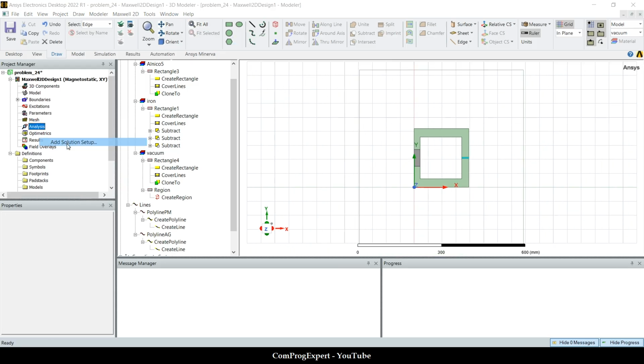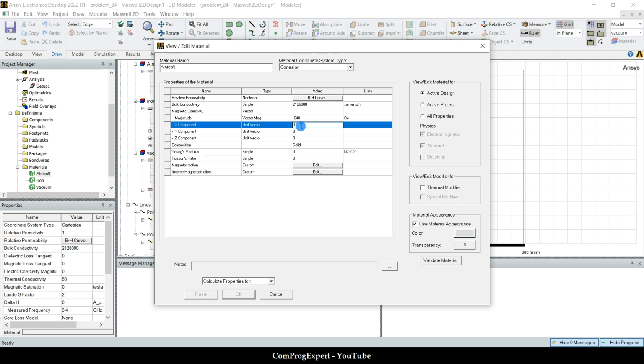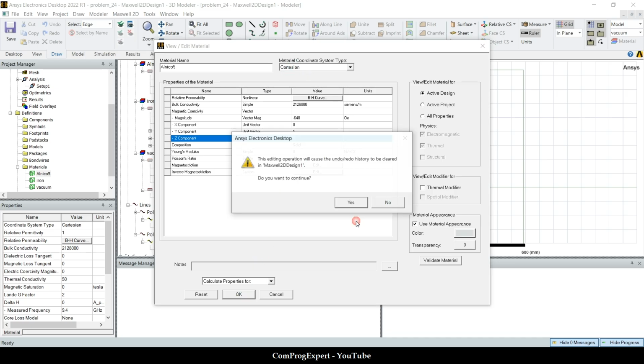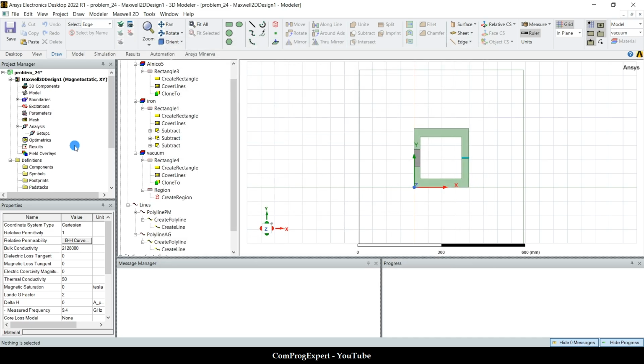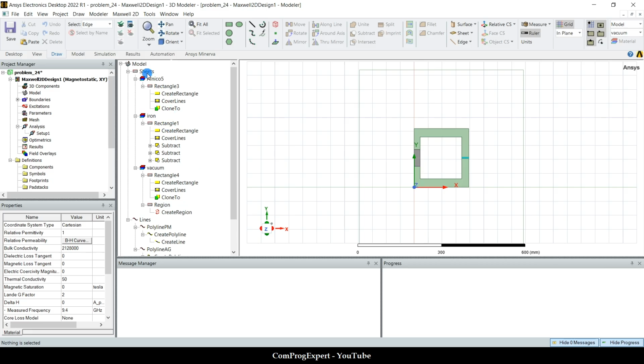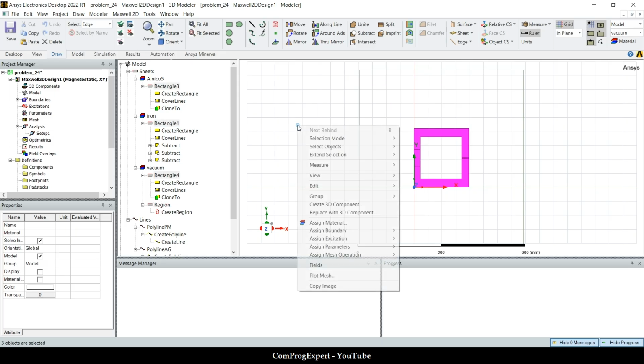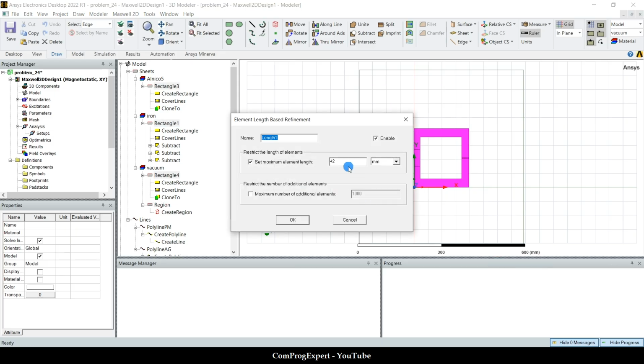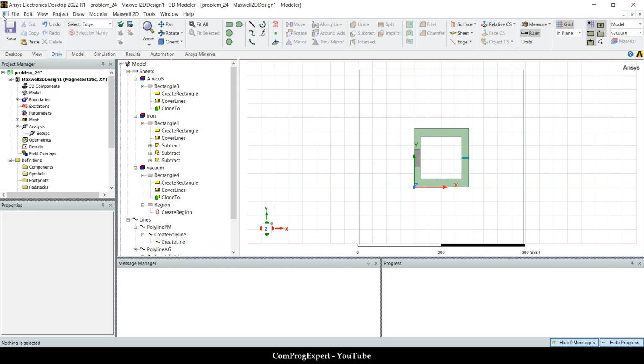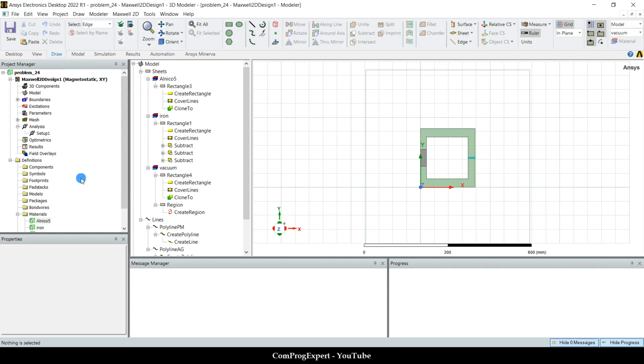So here, let's add the solution setup and also set the magnetization direction of the magnet material in the direction of the y-axis, the coordinate system, Cartesian, and also let's select these objects, right, except this one, this region, and assign mesh operation, to solve the problem and calculate flux lines with a good smoothness.